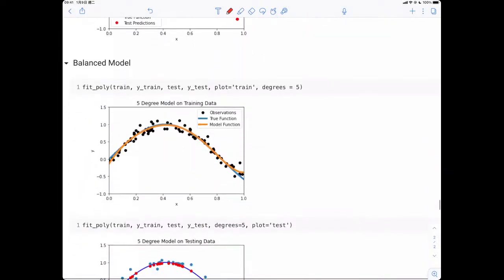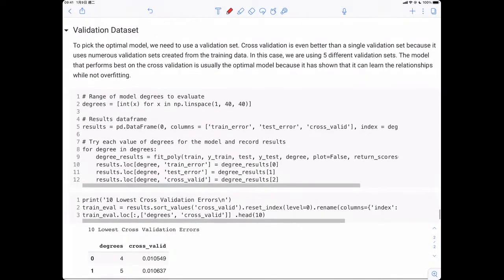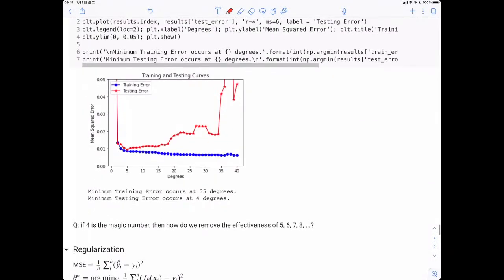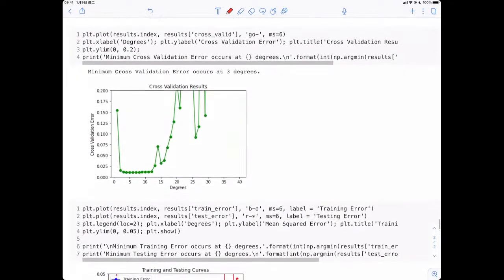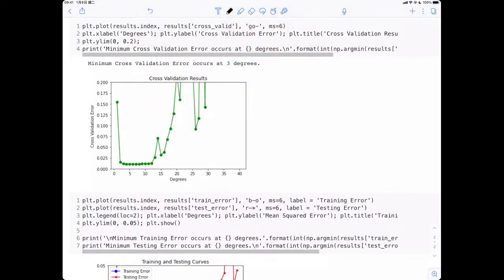Of course, we have another approach to deal with such overfitting or underfitting. It's called a validation data set. I'd like to show you something about validation.